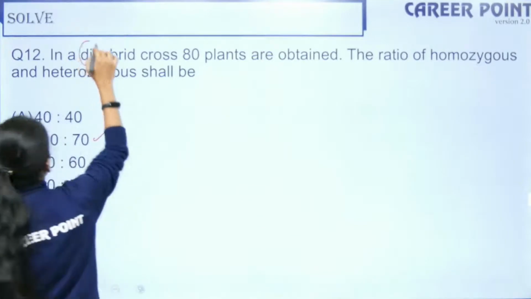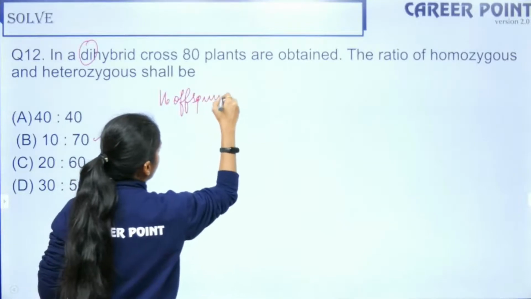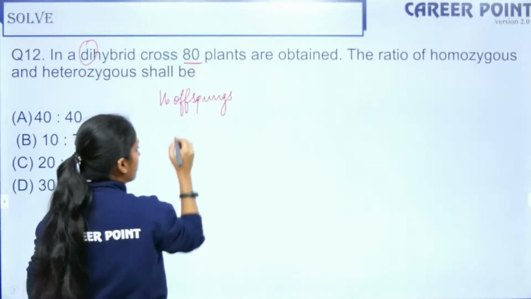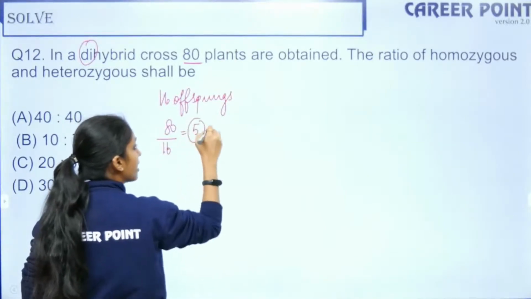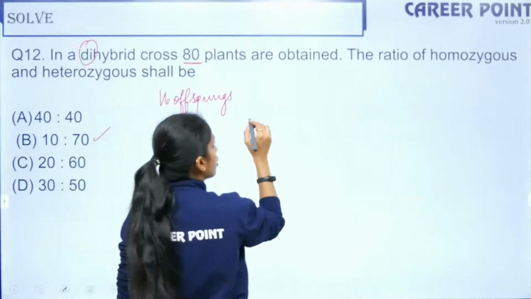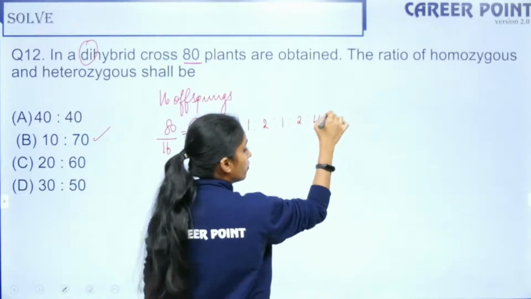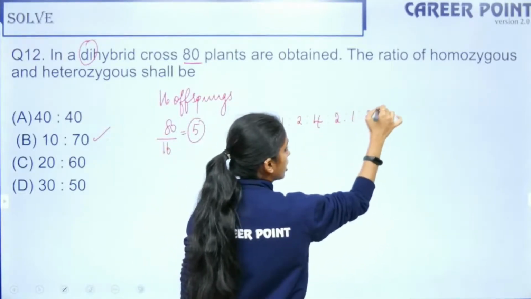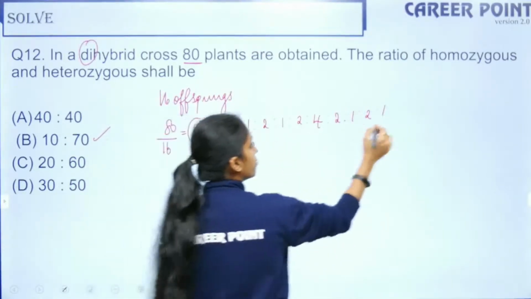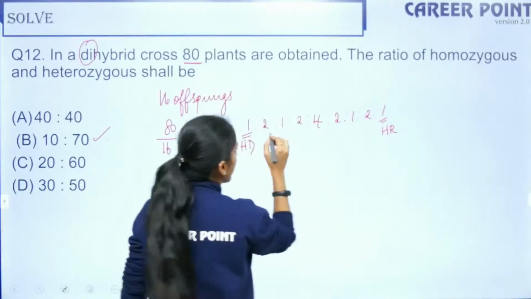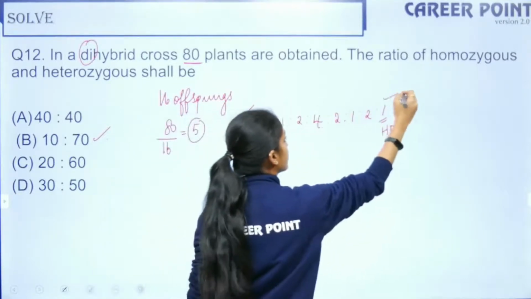In a dihybrid cross, totally you have 16 offspring. It is given that 80 plants are obtained, so 80 by 16 is 5 plants of each type. The ratio will be 1:2:1:2:4:2:1:2:1. This one is homozygous dominant, this one is homozygous recessive, and each one contributes 5%.